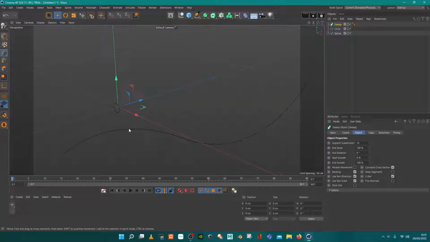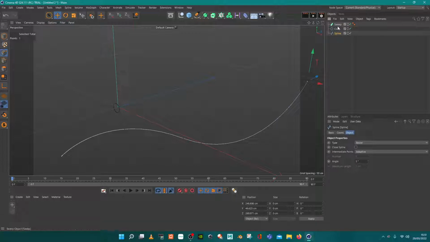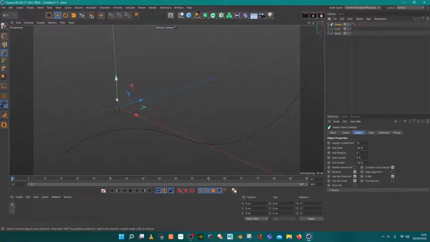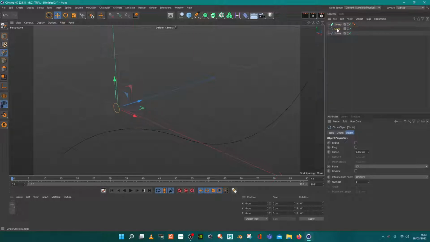Right, okay. So we've got our spline, our circle, and our sweep. So what we do is we take the circle, we move the circle, and we actually place it onto the sweep like that, and then that little branch shows that it's actually part of it.